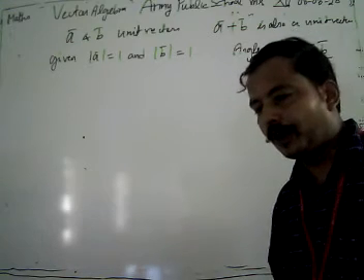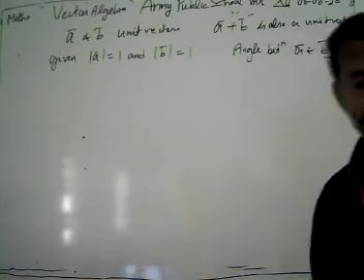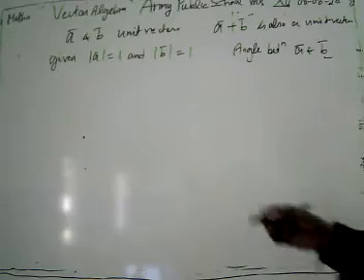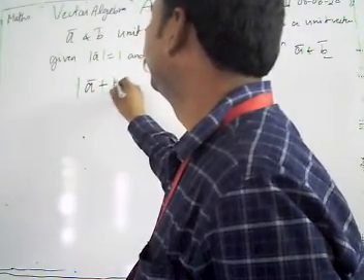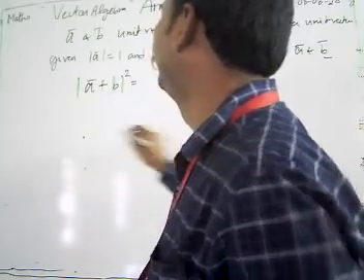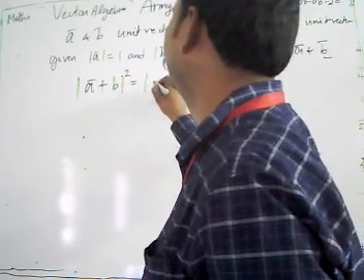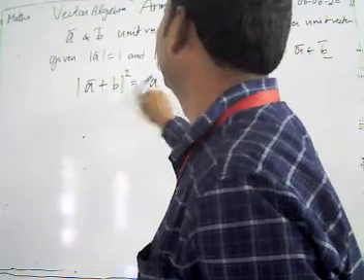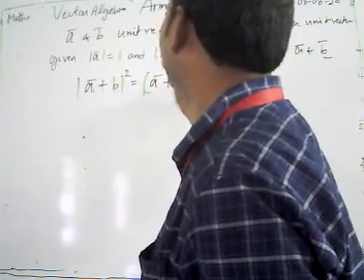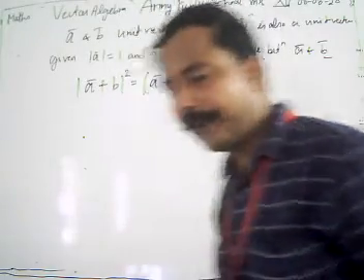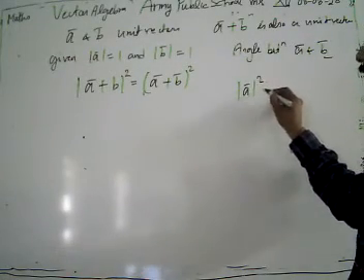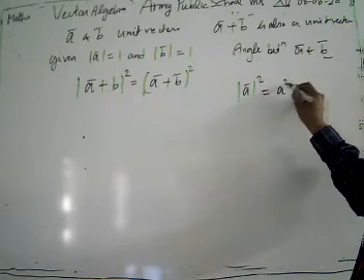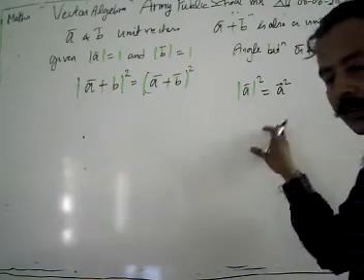In such problems, we start with our basic concept: the square of the magnitude of a vector is equal to the square of the vector. I hope you all remember this.